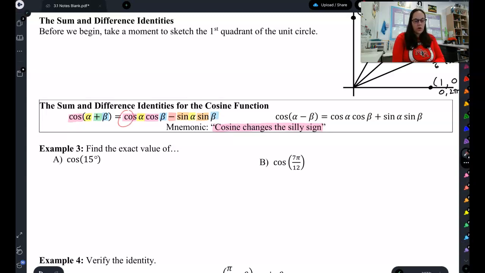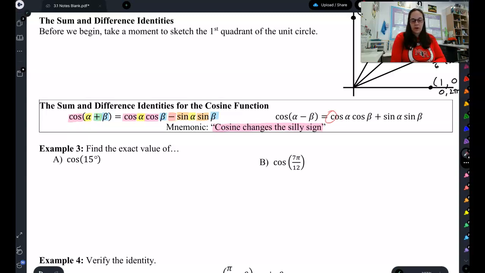So we have cosine changes the silly sign. That gives you your CCSS. Cosine changes the silly sign. And like we said in the little memory trick, it changes sign from plus to minus.